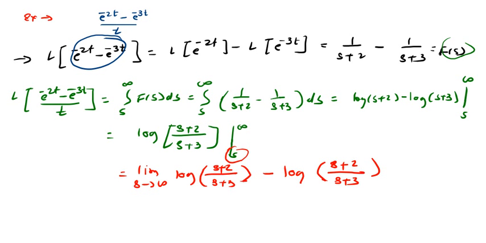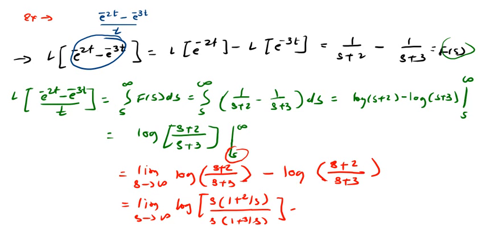Now solving, the limit as s tends to infinity of log of, taking s common, 1 plus 2 by s over 1 plus 3 by s, minus log of s plus 2 upon s plus 3.